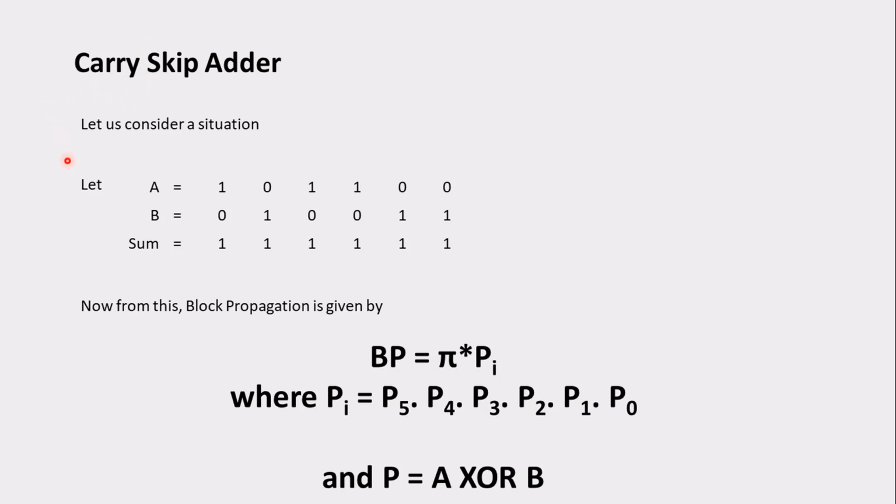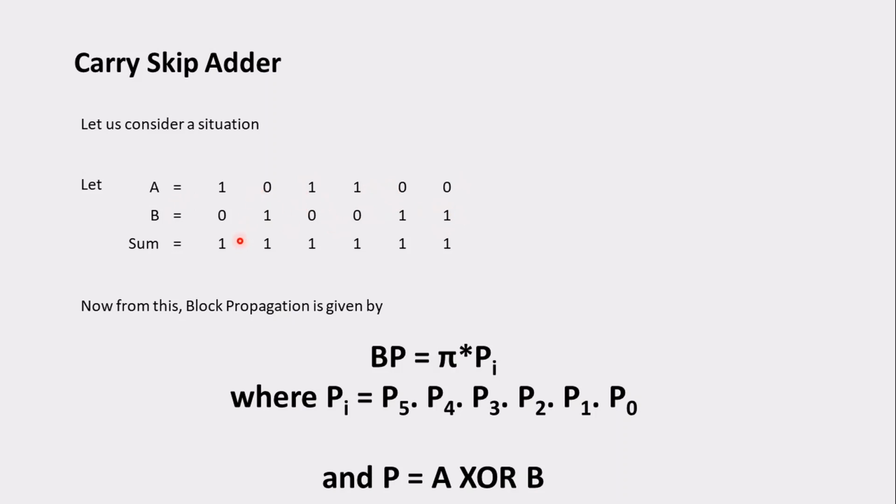So let us consider a situation over here. In this situation we have a certain set of data A, and B also has a certain set of data. Here you can observe that both A and B are totally different.